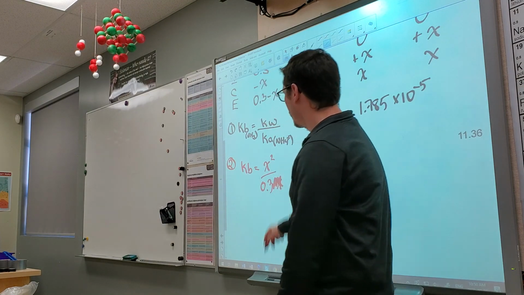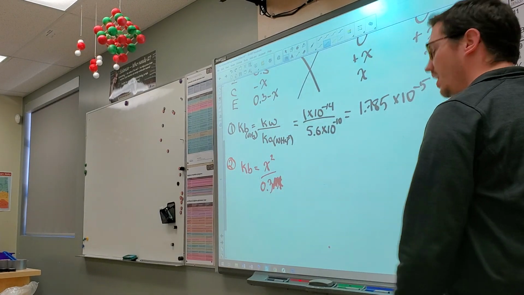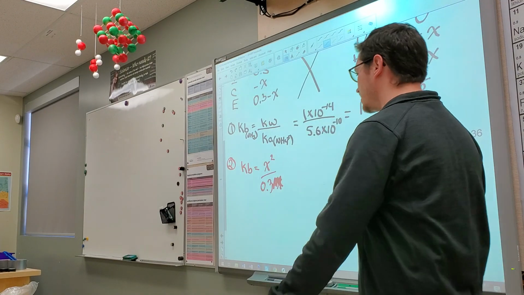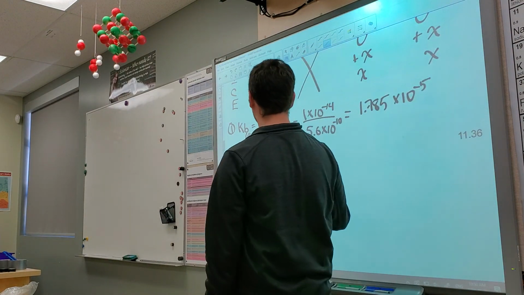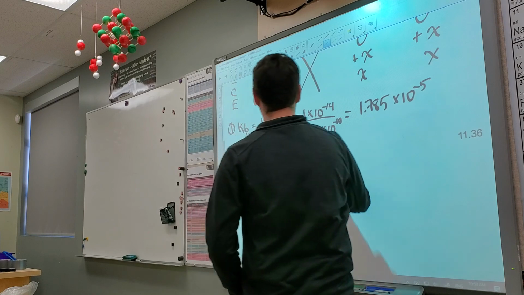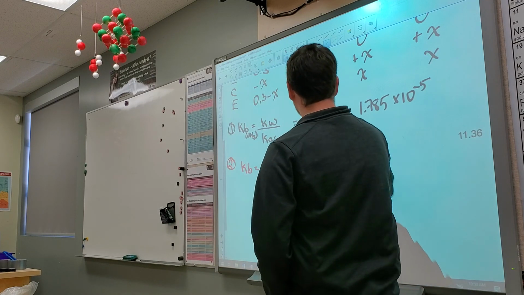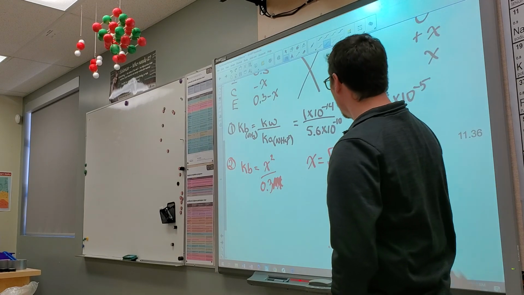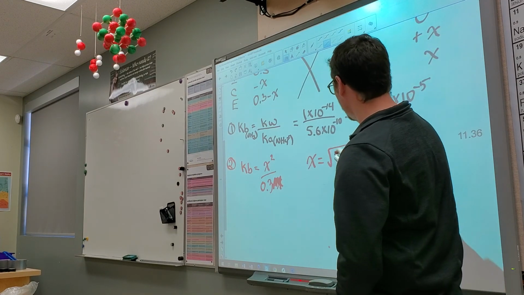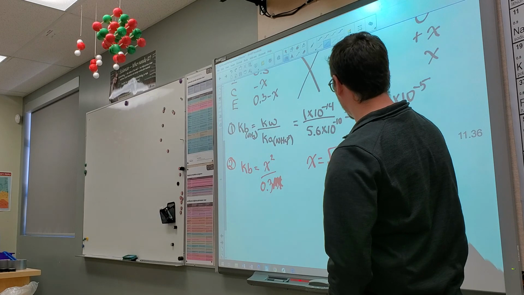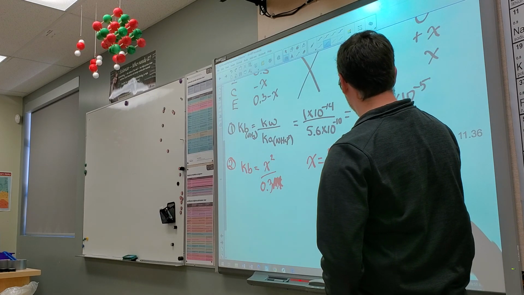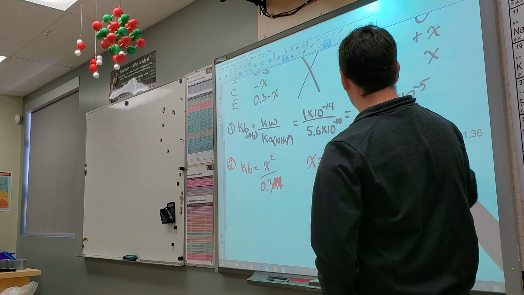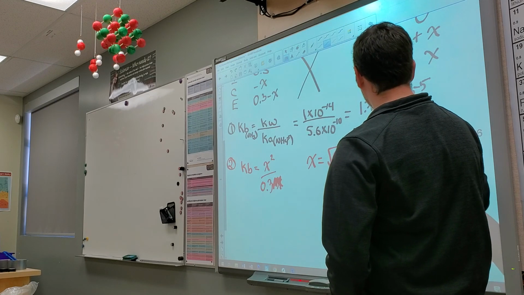Yeah, just x squared over 0.3, right? So if you have $300 million and you spend $5, you still kind of have $300 million. So another way of saying this is x is equal to the square root, right? We've rearranged this 4 or 5 times already. It's equal to the Kb, which is 1.785 times 10 to the negative 5 times 0.3.